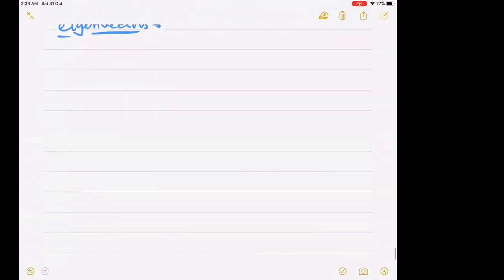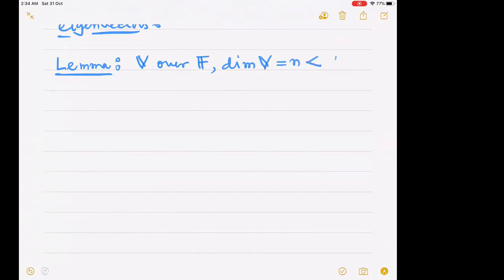The situation is just like before. We have V over F, the dimension of V is n, which is finite. A is a linear operator from V to itself.